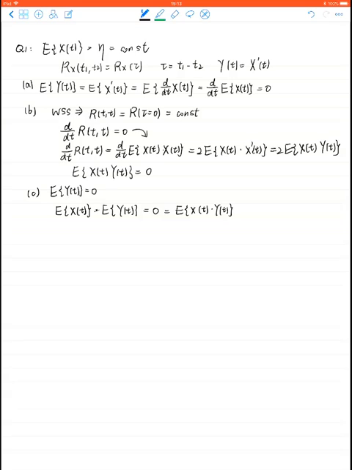And from this, we know that the expectation of X(t) times the expectation of Y(t) equals the expectation of the product of X(t) and Y(t), and that means that X(t) and Y(t) are uncorrelated.